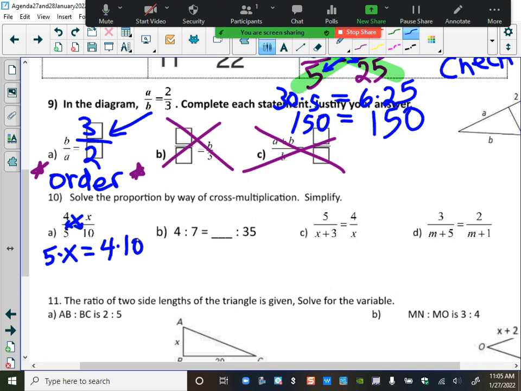Example B is the one I really want you to see. I'm not going to go much more into example A because here it just becomes 5x is 40, and then x is 8. I got the answer, but there are other ways you can get this.